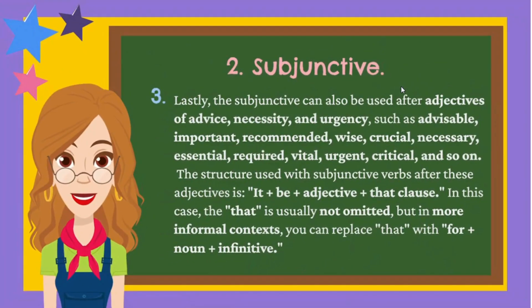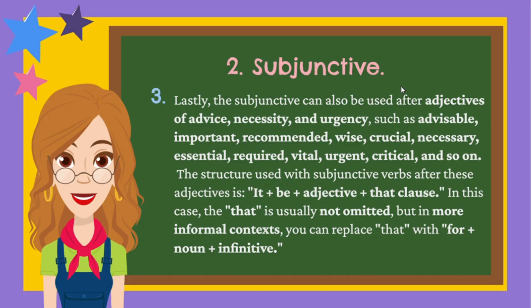The third type of subjunctive is that the subjunctive can also be used after adjectives of advice, necessity, and urgency, such as advisable, important, recommended, wise, crucial, necessary, essential, required, vital, urgent, critical, and so on.